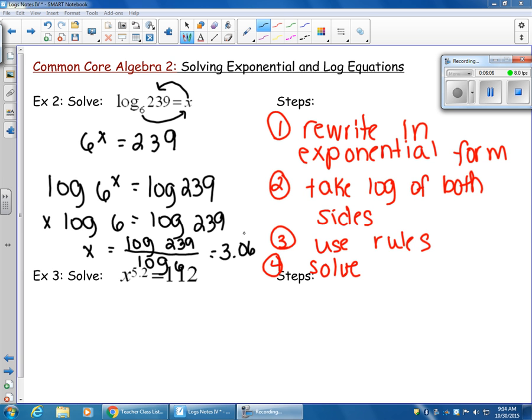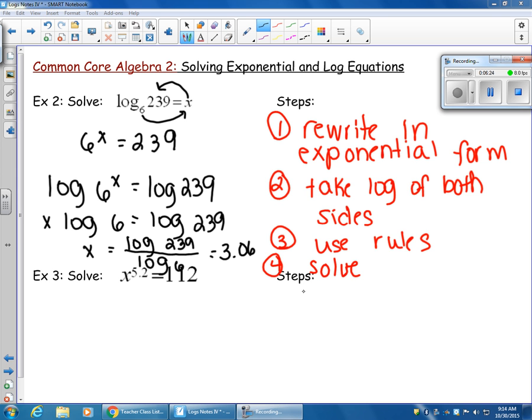So next one, now the variable is in the base, okay? So we have to figure out what that base is. And again, we don't know what base raised to the 5.2 power is going to give us 112. So we're going to use the rules of logarithms again.